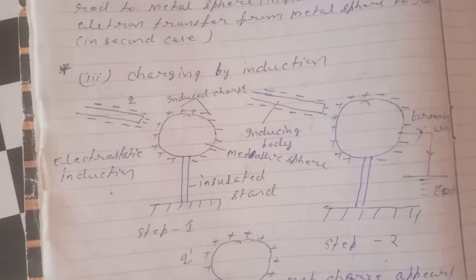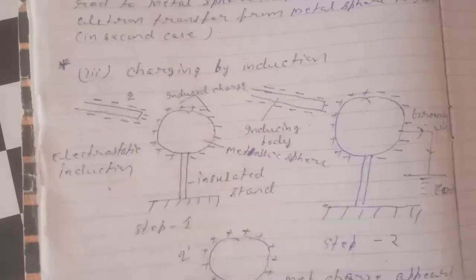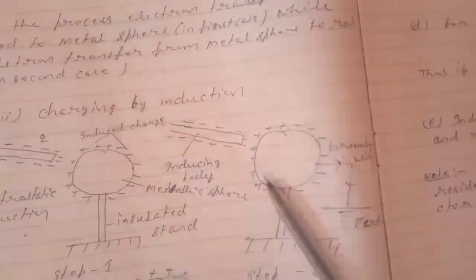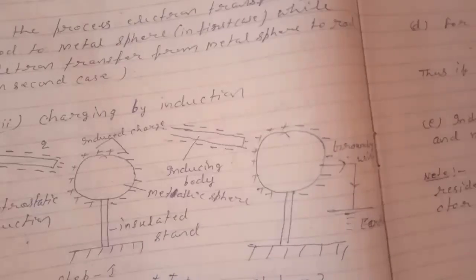The stand is also insulated, so the body remains positively charged. So in 3 steps we can charge a body by induction. This is called the inducing body, and this is called the induced body.